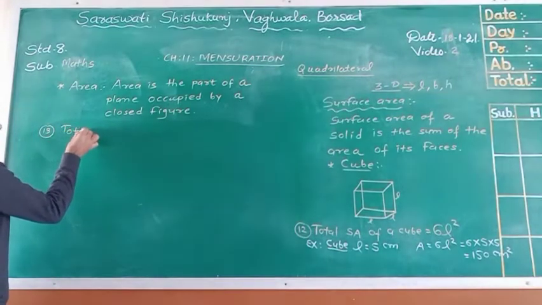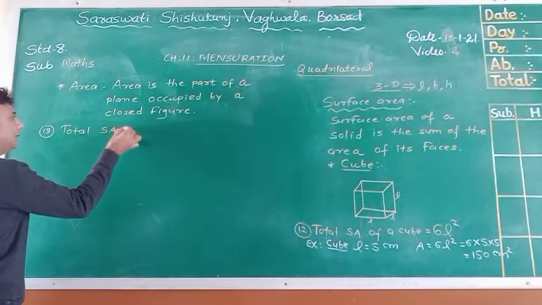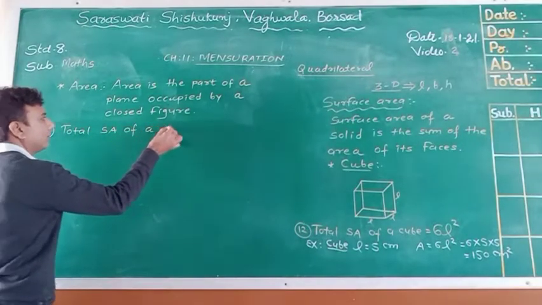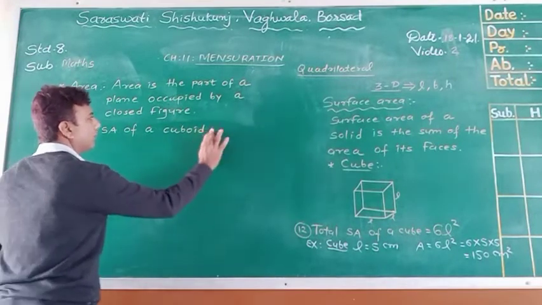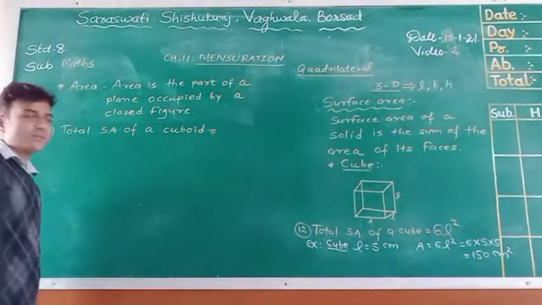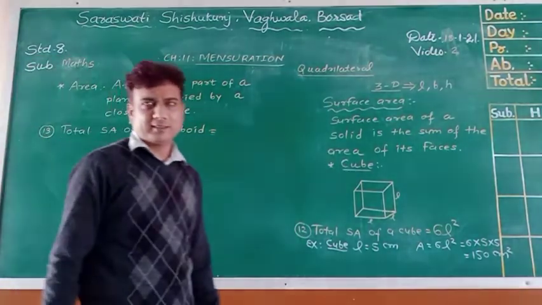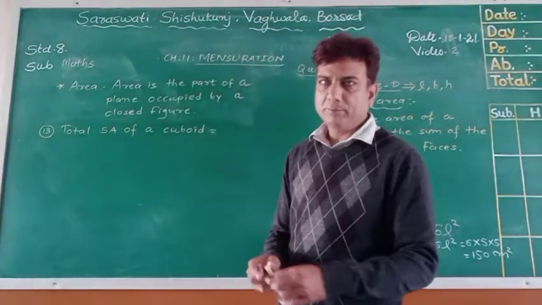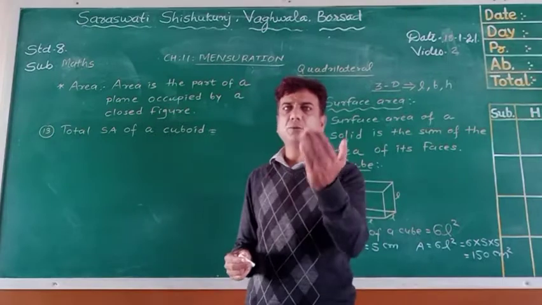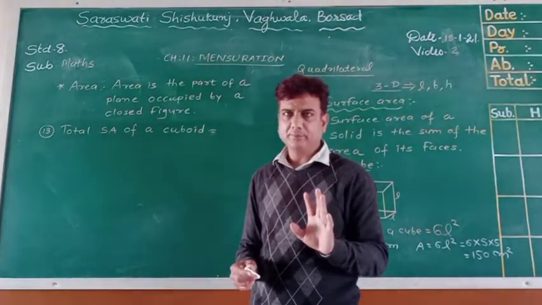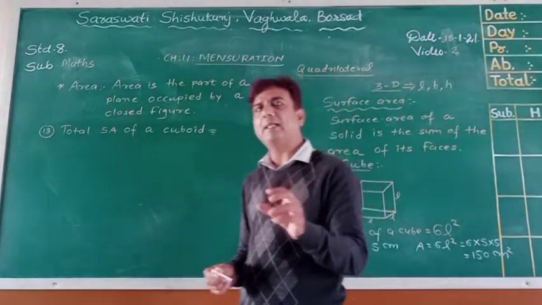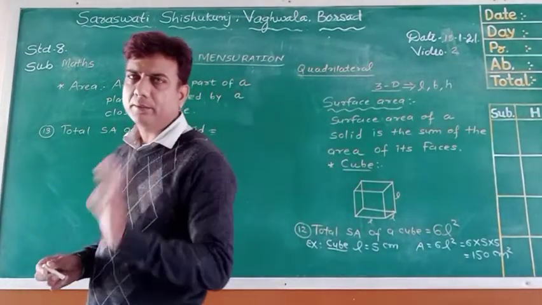Total surface area of cuboid equal. So students, first I will do here one cuboid. See, cuboid means front view, top view, side view, all are in same rectangle. Length, breadth and height, these all are not equal in cuboid.